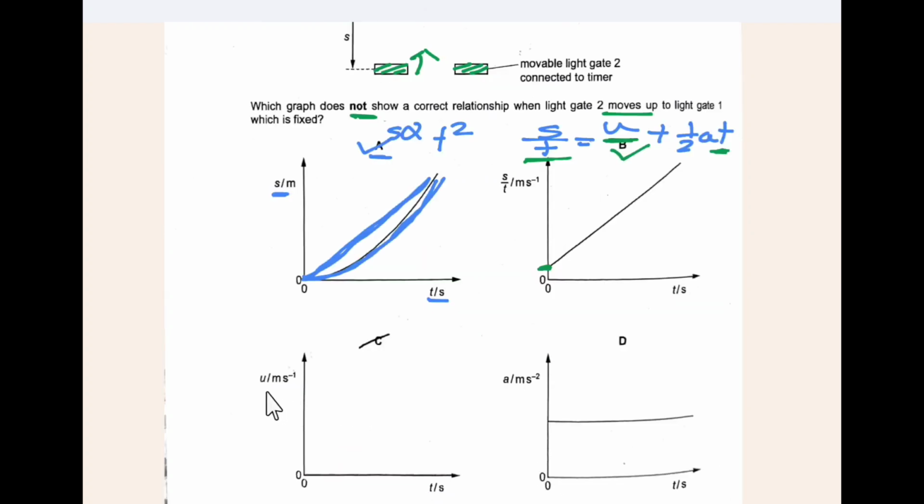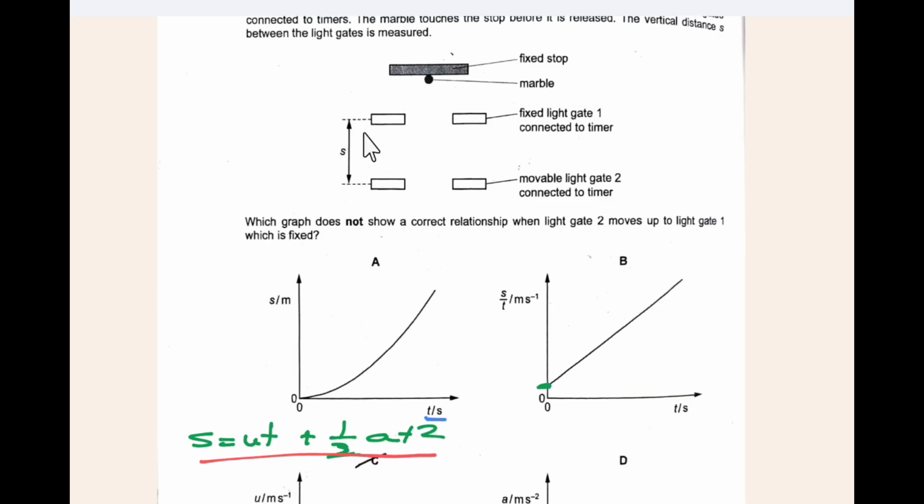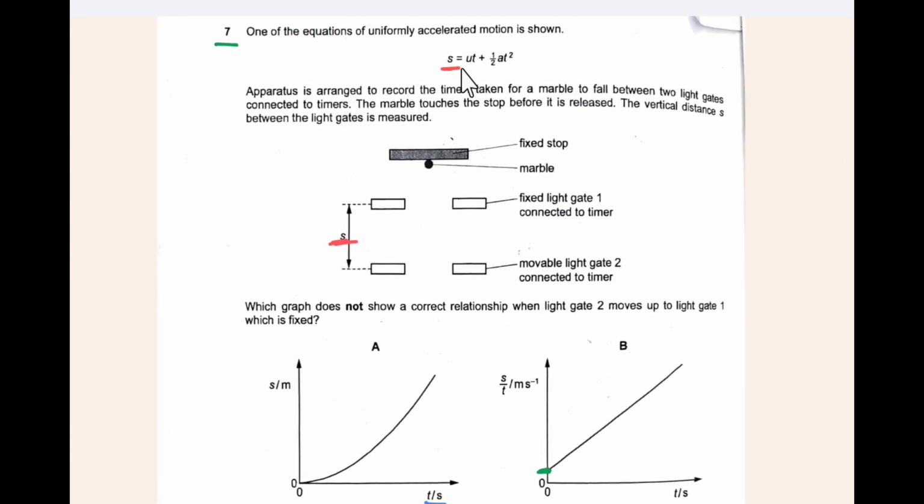Then for option C, we can see the u against T graph. Our equation is S is equal to ut plus half a T square. Acceleration is constant, half is constant.